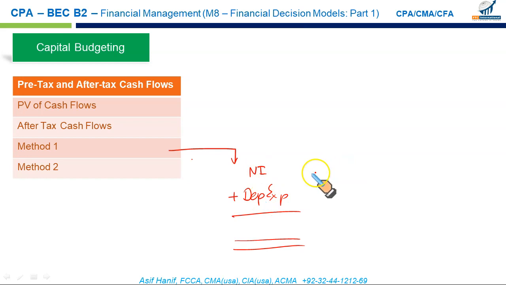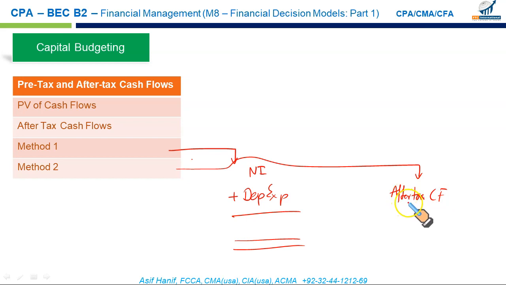Alternatively, in the second method, you can calculate after-tax cash flow on a yearly basis. Remember, after-tax cash flow. And to that after-tax cash flow, you just add depreciation tax shield. Now, I will explain what depreciation tax shield is. So, in the first method, take net income plus depreciation expense. In the second method, you take the after-tax cash flows, and to that you add depreciation tax shield. Depreciation is a tax-allowed, or tax deductible, expense.